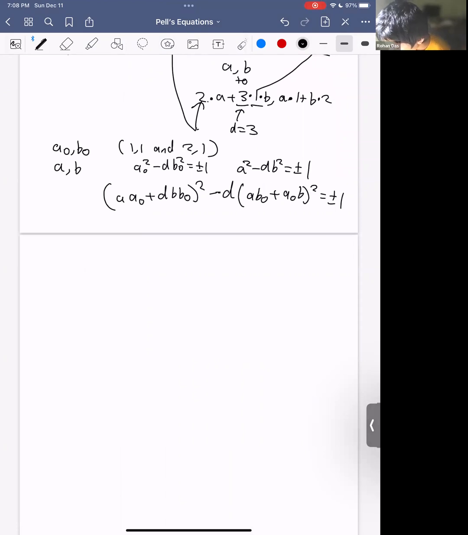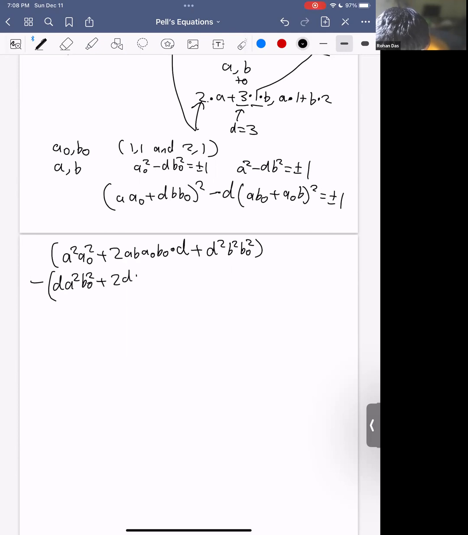So by expanding this, we would get a squared a0 squared plus 2ab a0 b0 times d plus d squared b squared b0 squared, minus d times, and then I'm going to bring the d into this, like distribute it, so d times a squared b0 squared plus 2d times a0 b0 ab plus d times a0 squared b squared.